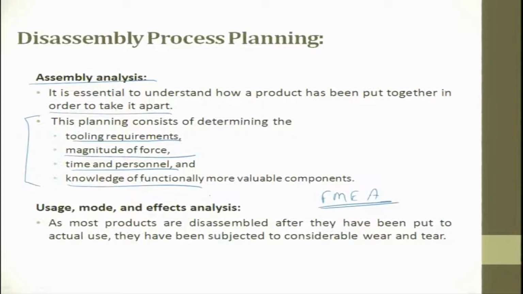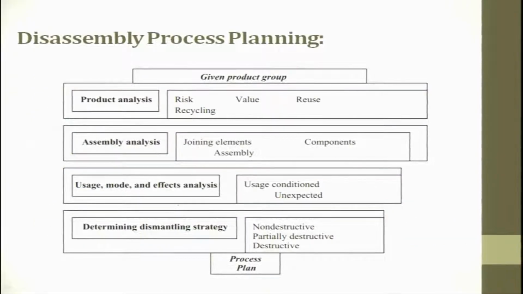As most products are disassembled after they have been put to actual use, they have been subjected to considerable wear and tear, which is covered by usage, mode and effect analysis. The disassembly process plan has product analysis, assembly analysis, usage, mode and effect analysis, and determining the dismantle strategy. Here, given the group of products: risk, value, reuse, recycle. Assembly: joining elements, assembly and components.